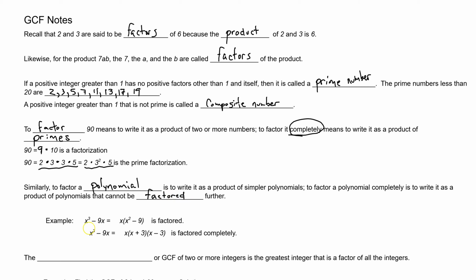As an example, x cubed minus 9x is equal to x times the quantity x squared minus 9 is factored. But x cubed minus 9x is equal to x times x plus 3 times the quantity x minus 3 is factored completely.